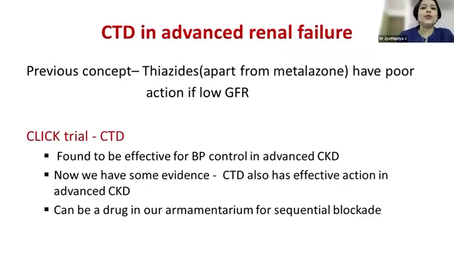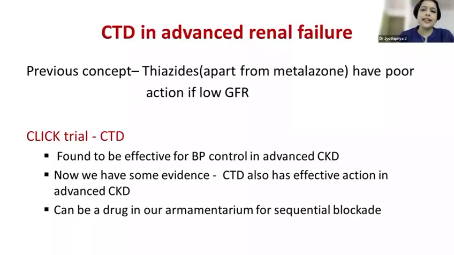Let's see the role of chlorthalidone in advanced renal failure. As Sonu rightly told, our previous concept was if the eGFR is less than 30, we will avoid thiazide. And if at all using, the one which is preferred classically is metolazone. Now, after the CLICK trial, the CLICK trial is not exactly assessing the diuretic response of chlorthalidone. It is actually for assessing the effectiveness of chlorthalidone as an antihypertensive agent in advanced CKD.